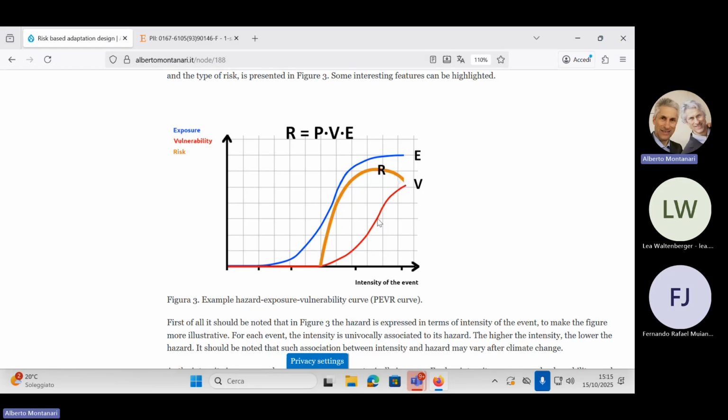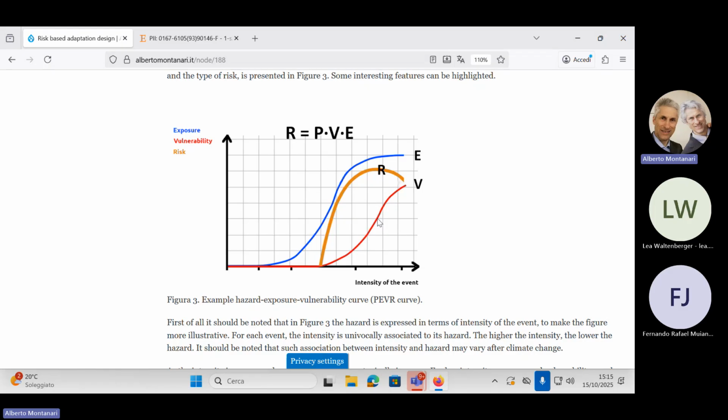You can draw any pattern here with the only condition that the blue line is non-decreasing with increasing intensity, because it's unreasonable that you get a damage that decreases with a huge flood. Okay, but this could reach a max.